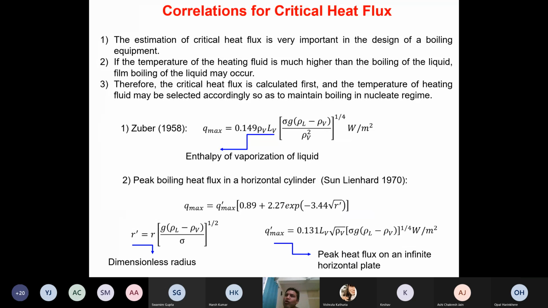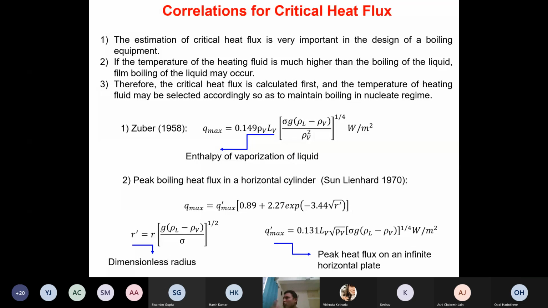The critical flux needs to be estimated from the correlation, because while designing the heat transfer equipment, we want to make sure that the heat flux should lie only in the nucleate boiling regime.